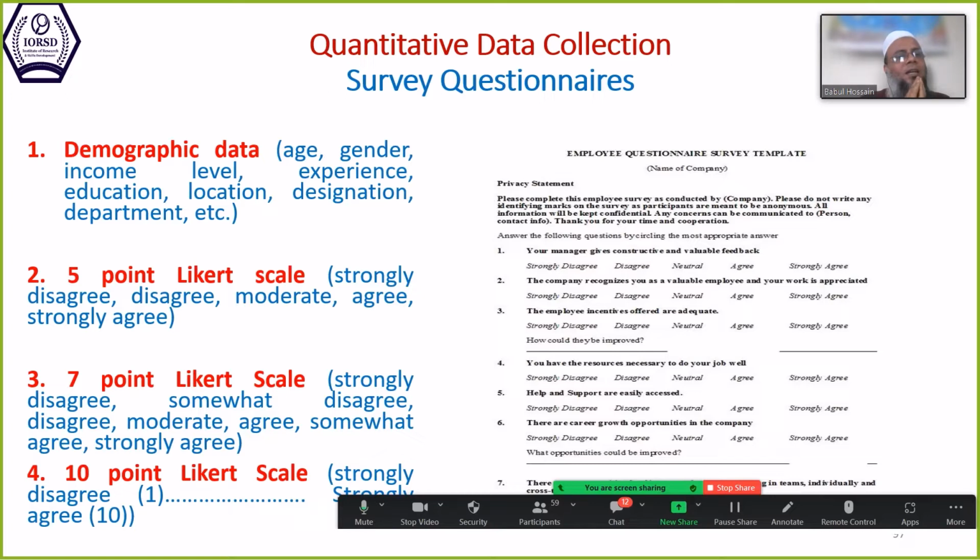Okay. What do the other scholars think about it? Let's talk about this aspect. What is the other brothers' opinion regarding this 4-point Likert scale? Actually, is it scientific? Did you ever find in any research methodology book that a 4-point Likert scale has been recommended by any author?